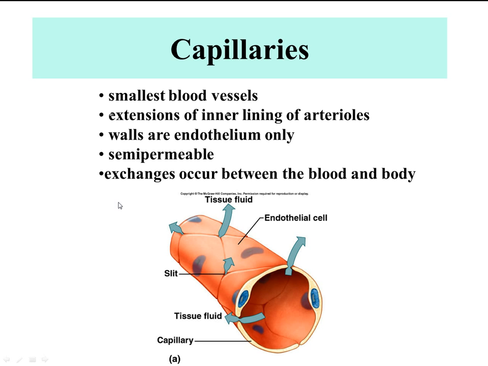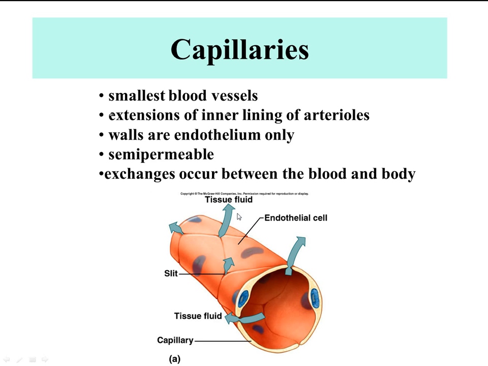So you have the thick-walled artery and then the little bit thinner-walled arteriole, and it's getting thinner and thinner as it's approaching the capillary until the capillary is just one cell layer thick.